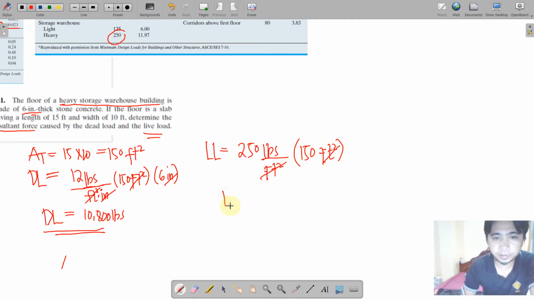So the live load is equal to 250 by 150, that is 37,500 pounds.